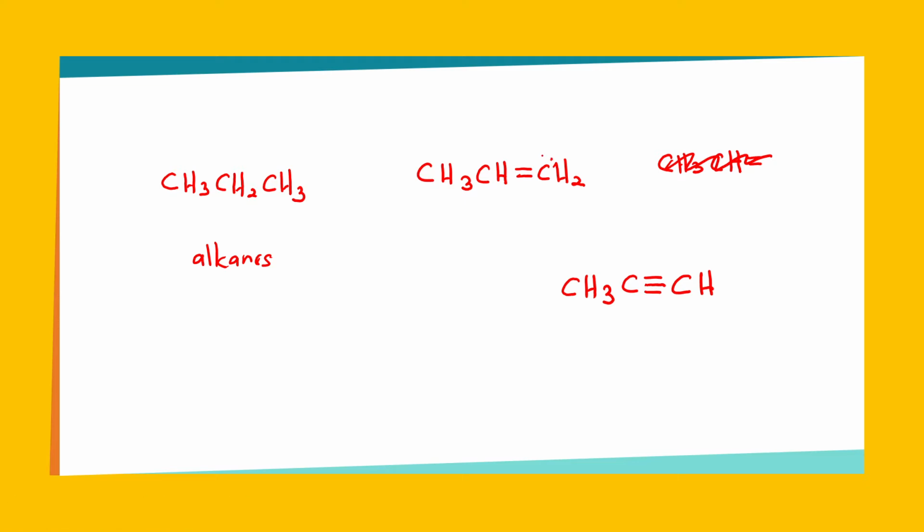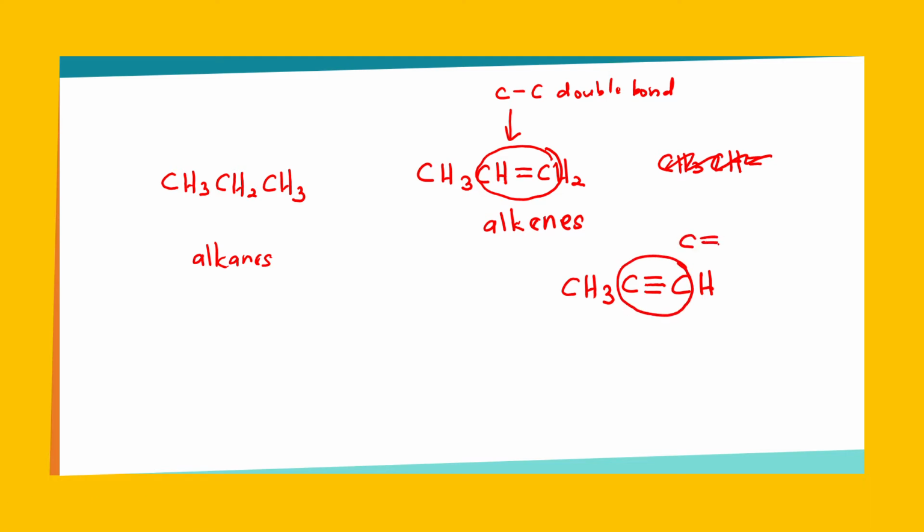So you can circle it, and the functional group is C double bond C, and the class of the compound is alkene. And the third example, we have C triple bond C, and it is an alkyne.